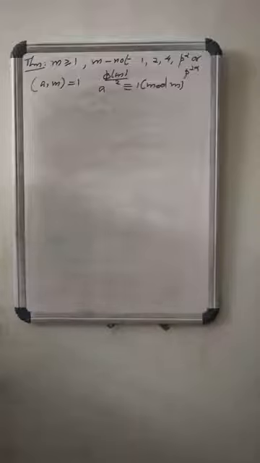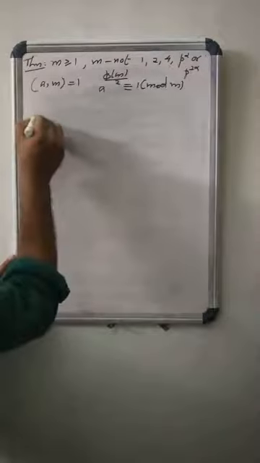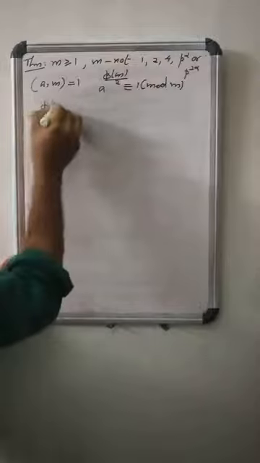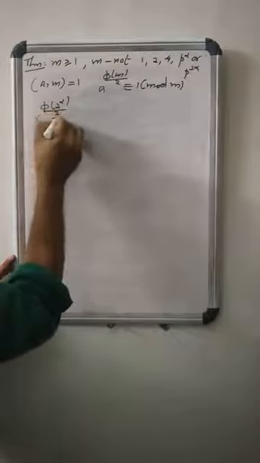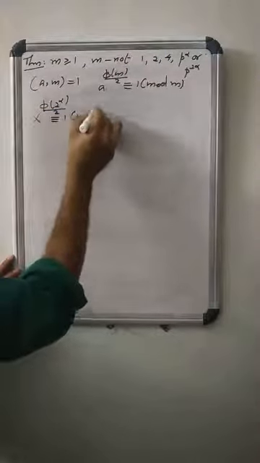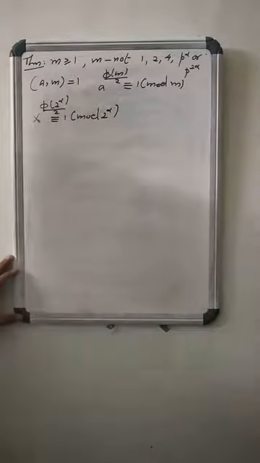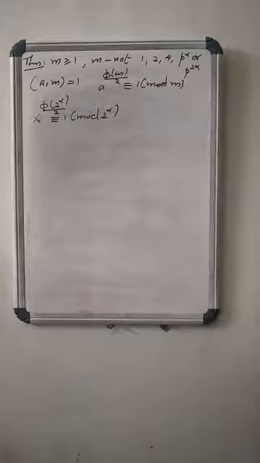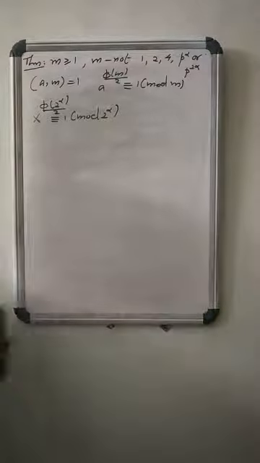When alpha is greater than or equal to 3 and x is an integer, then x power phi of 2 power alpha by 2 is congruent to 1 mod 2 power alpha, so there does not exist a primitive root mod 2 power alpha. The theorem is already finished.